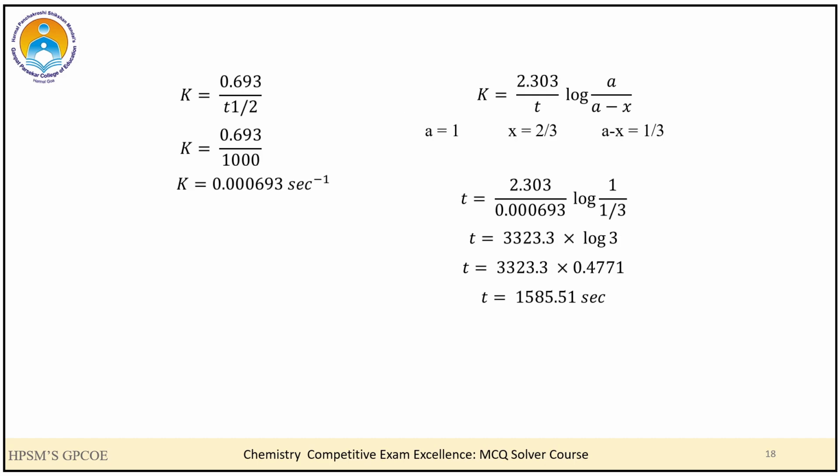Solution. First, we will find out the K value using the following equation. K is equal to 0.693 divided by T half.